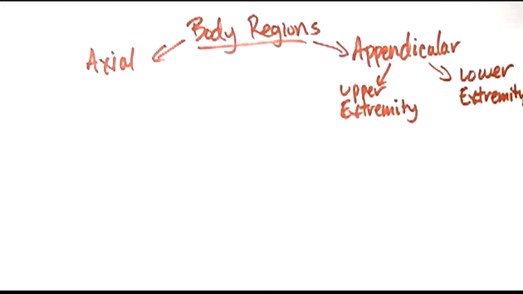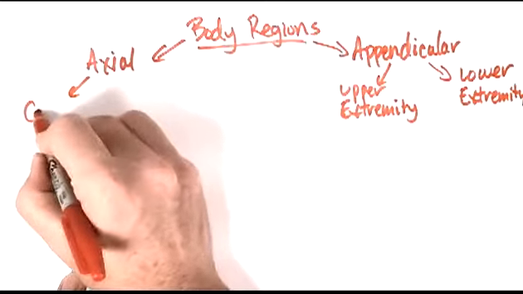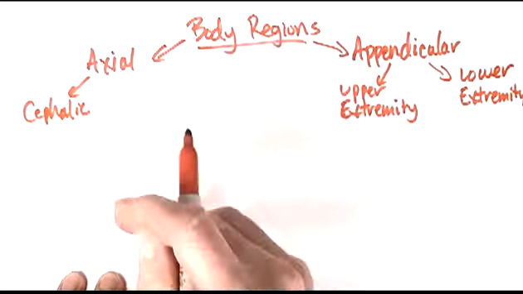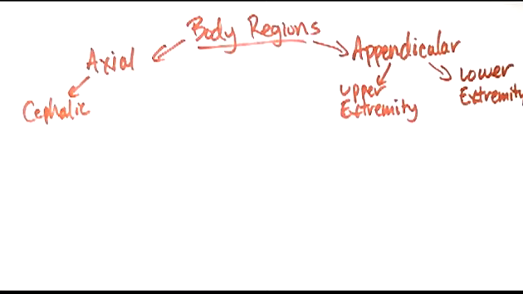And we divide the axial region into three broad regions, and one of them is going to be cephalic. And again, make sure that you're learning those body regions, those terms, because that's going to help you understand these body regions. Cephalic, that's the head.